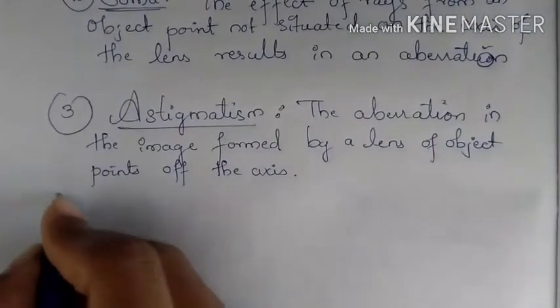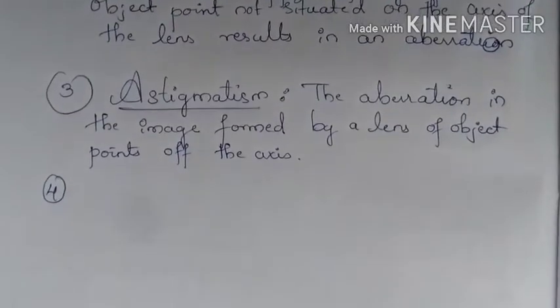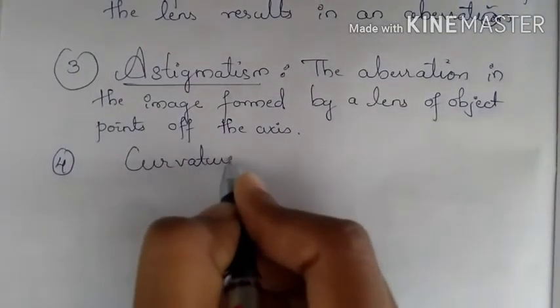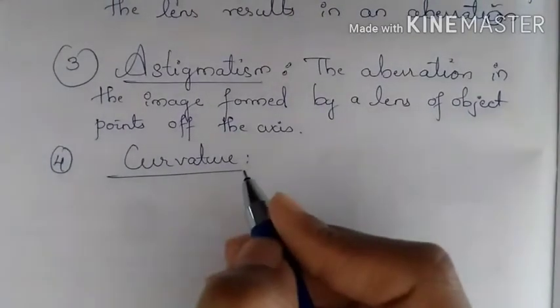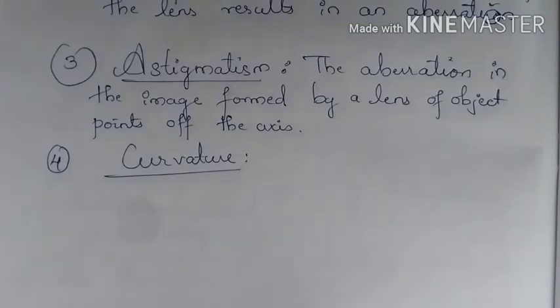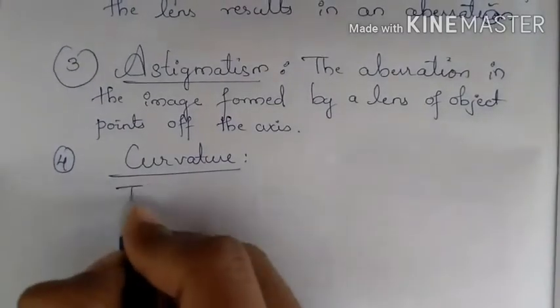So the fourth is curvature. In curvature, the image of an object from a single lens will not be a flat one, but it will be a curved surface.